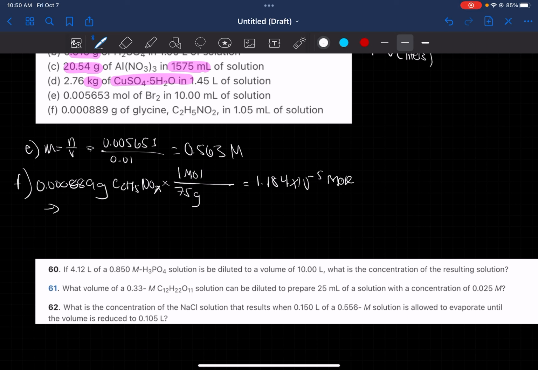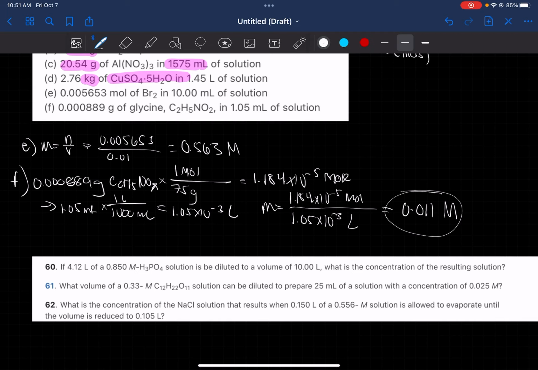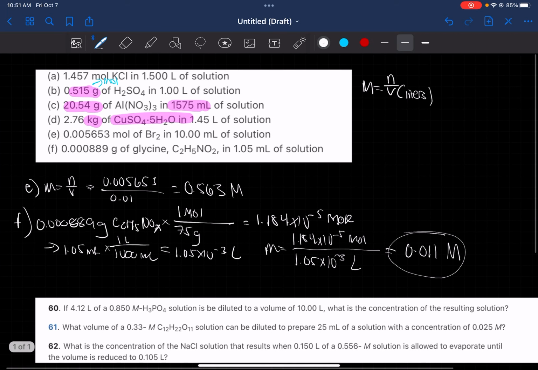Then the second part is 1.05 milliliter times 1 liter over 1,000 milliliters, which equals approximately 1.05 times 10 to the negative 3 liters. So to solve for molarity, it's 1.184 times 10 to the negative 5 mole over 1.05 times 10 to the negative 3 liter, which equals approximately 0.011 molarity. Okay, that's how you do these ones.